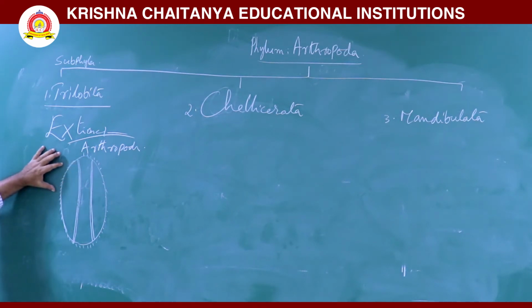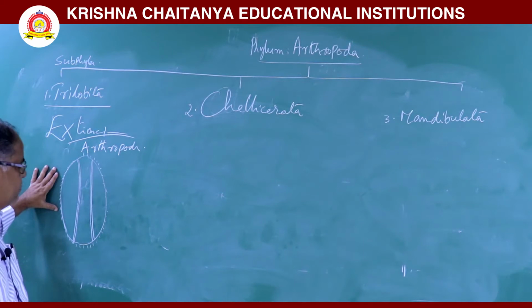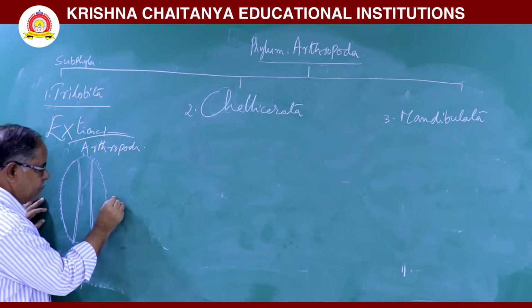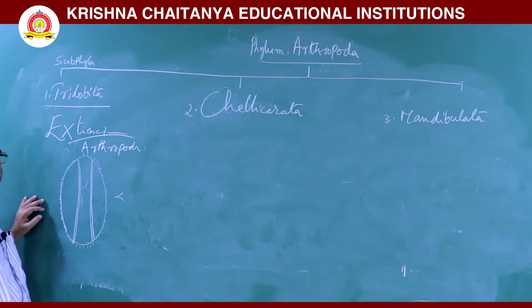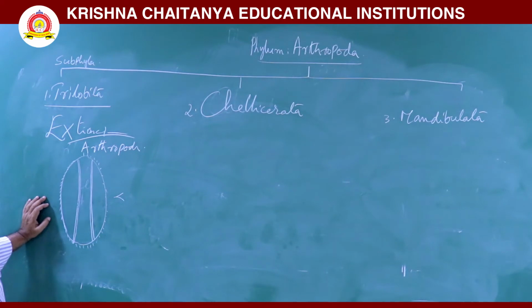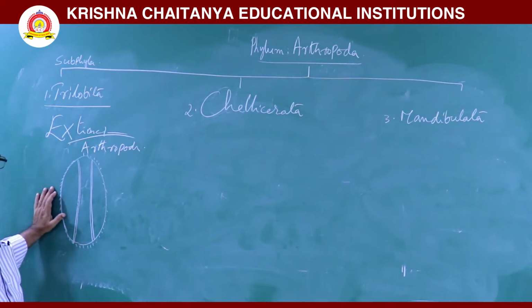Here numerous appendages are there. All these appendages are similar. They are biramous, which means each appendage splits into two parts. So these are extinct arthropods.